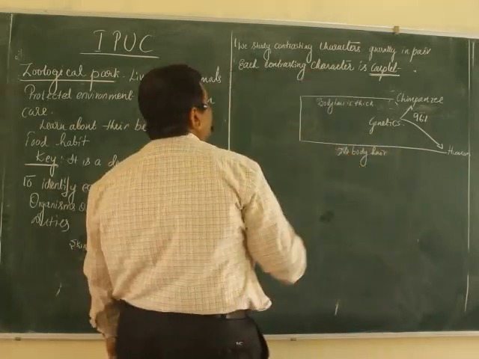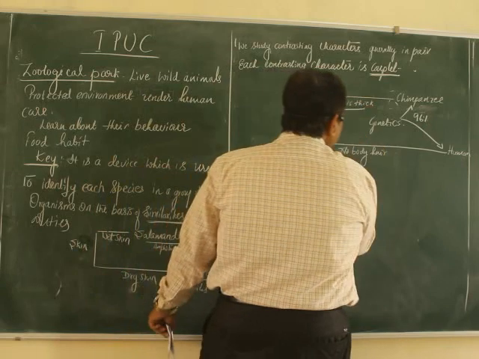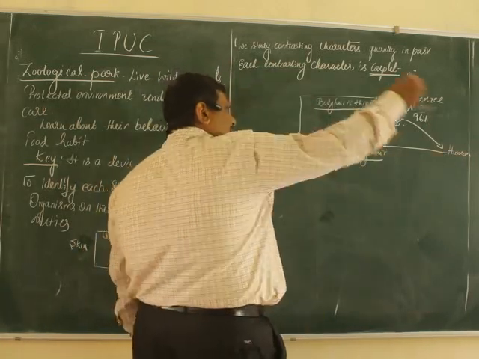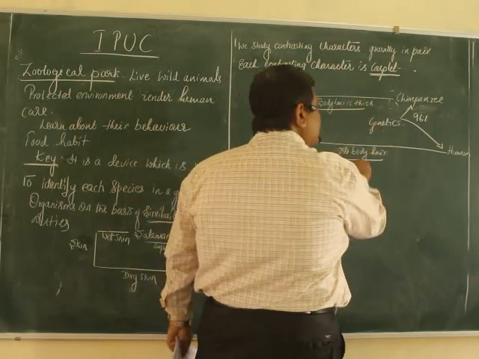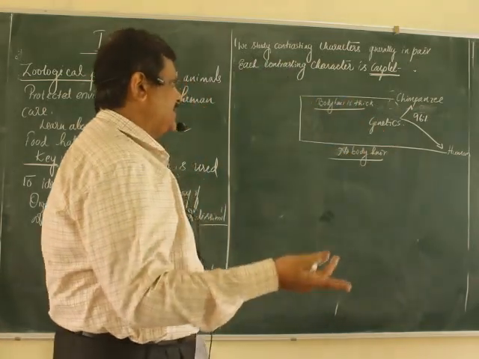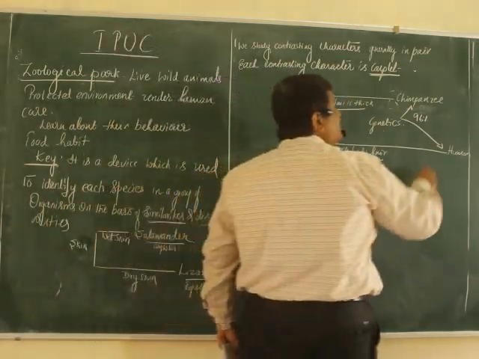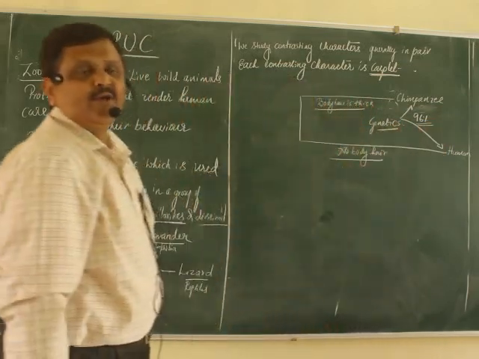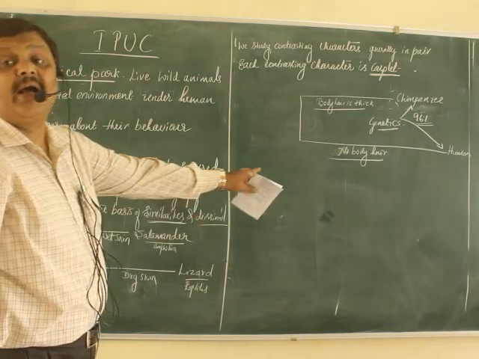So here the contrasting character is body hair. In one organism it is present, in another it is absent. Similarity is genetics. So this is another couplet.